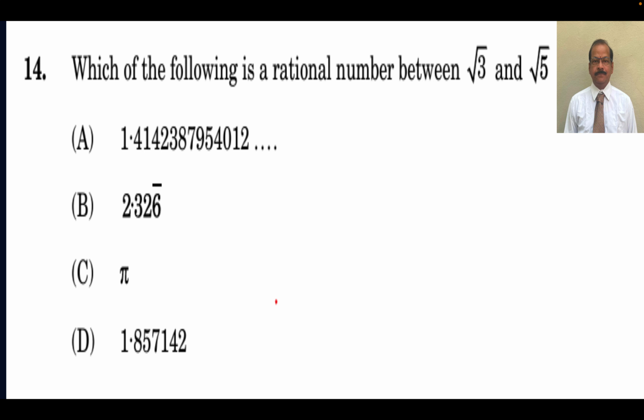And option D, 1.857142, is definitely a rational number because it is a terminating decimal. Though it is not recurring, it is terminating. Therefore, it is a rational number. Between B and D, we have to choose which one is correct. The next slide will help us.